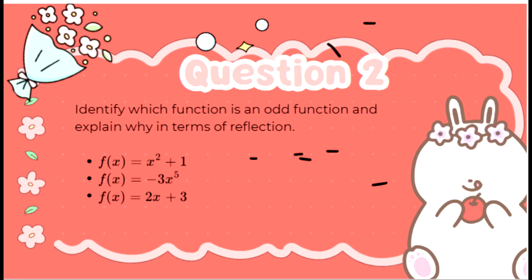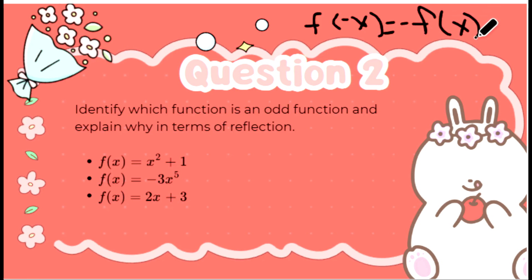All right, here is question 2. Identify which function is odd and explain why in terms of reflection. To do this one, we need to remember that f of negative x is equal to negative f of x. That's our rule for odd ones.